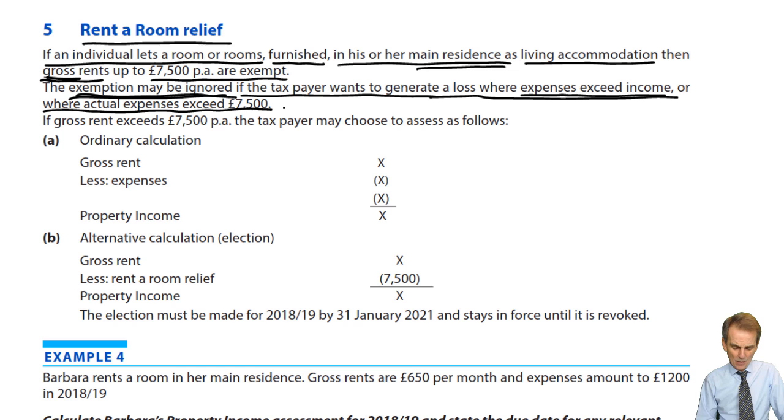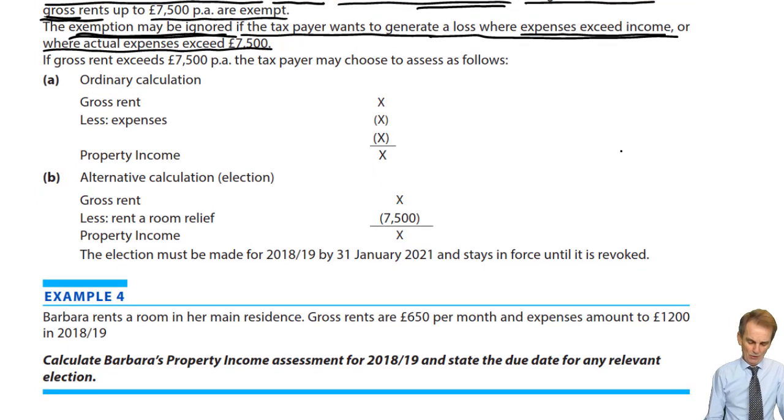What we've done here with rent-a-room relief is just to say gross rents up to £7,500 per annum are exempt. Go over that, we're talking about it being taxable. So what happens? If you go down the rent-a-room route, then if gross rents exceed £7,500 per annum, again, the taxpayer may choose to assess as follows.